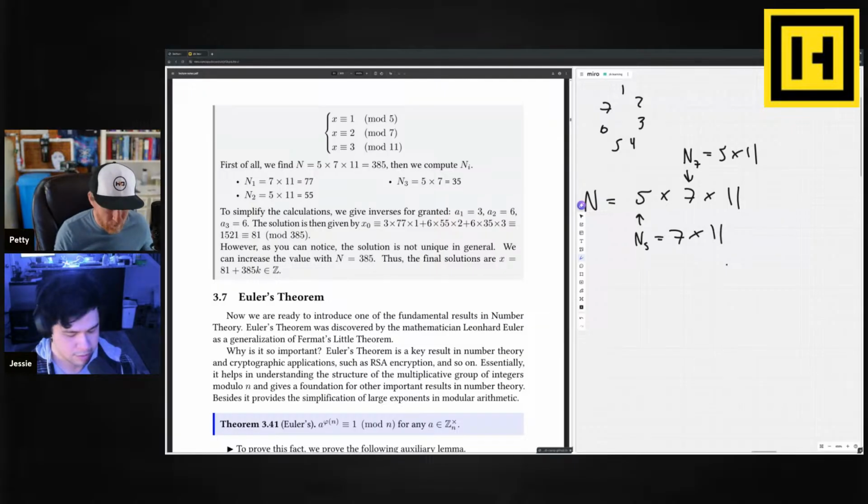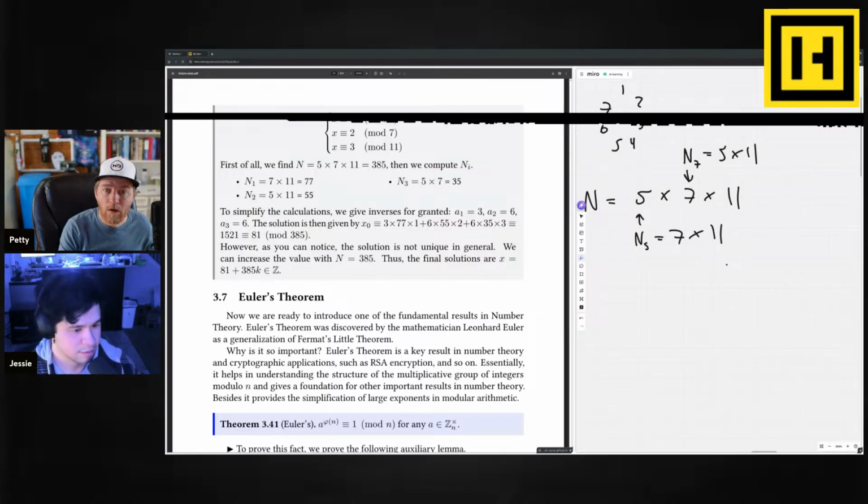Let me pull up my terminal. You can't write it how it looks. We need a remainder.